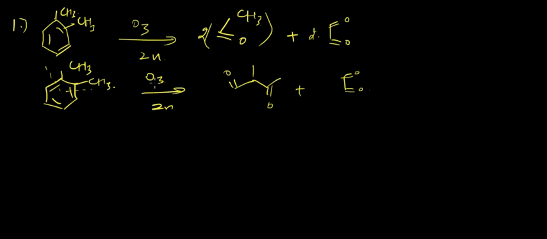And if we break this, we would have this. Oh, actually I drew this structure already, so we need not draw it again. So this would also be twice in number. Why? One because of this and another because of this. Okay, so these are the structures that will be formed.